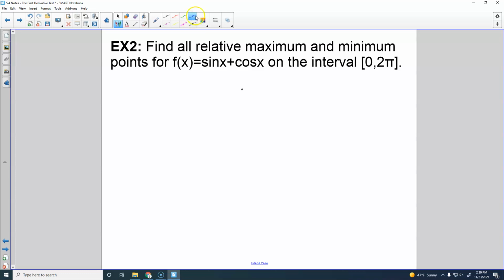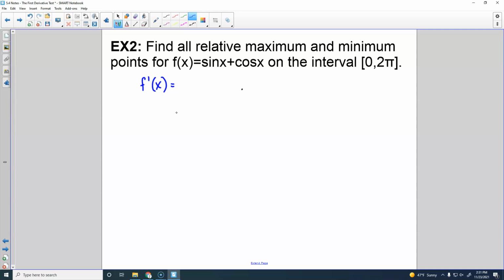You can memorize the relative maximum minimum of sine and cosine. What if it was 2 sine? You could, but the question's hardly ever going to be just sine or cosine. Like even in this case where it's sine plus cosine.